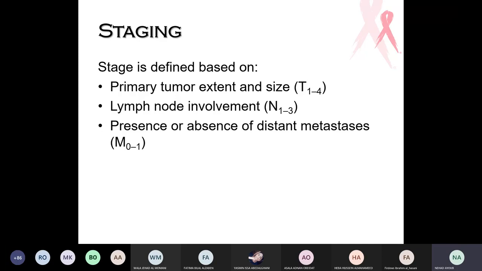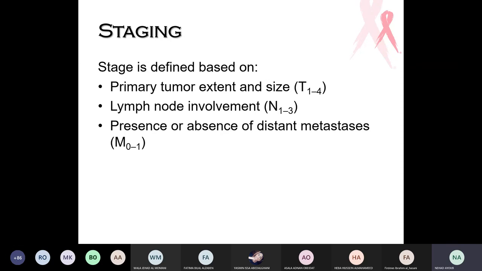So we can check lymph nodes, and it could be either N equals 0, where no lymph node contains cancer cells, and we call this lymph node negative disease, okay? Alternatively, we have lymph node positive disease, there is lymph node involvement, which means we found lymph nodes containing cancer cells.